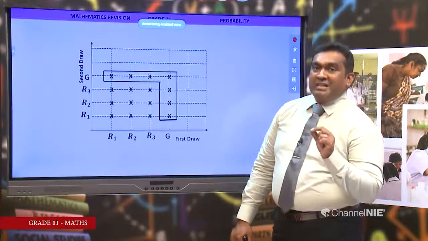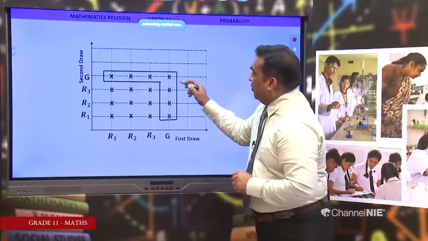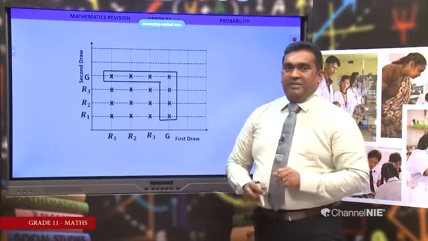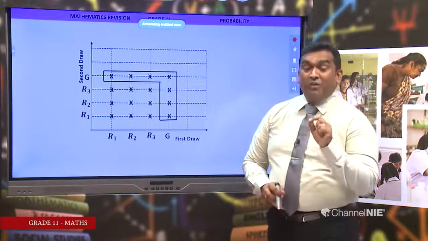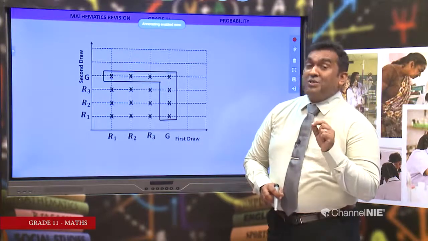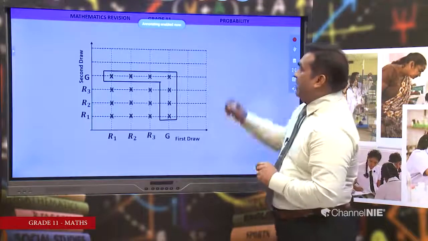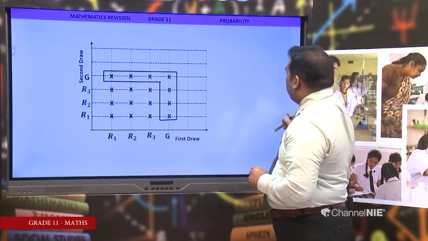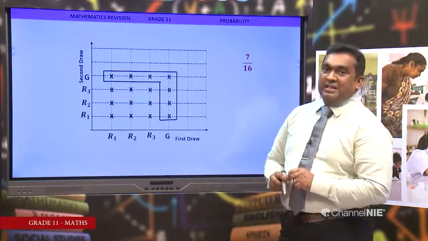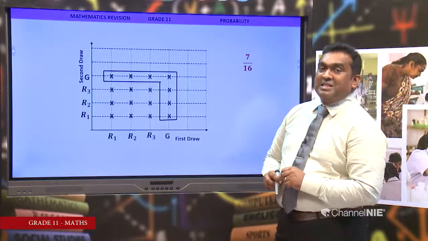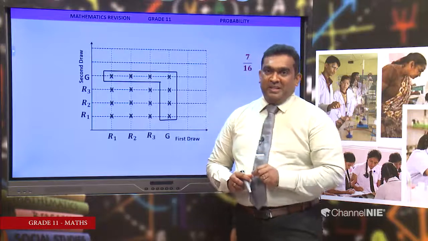How many elements are in the event? 1, 2, 3, 4, 5, 6, 7. The number of elements in the event should be divided by the number of elements of the sample space. That is the probability of this event. 7/16 is the corresponding probability according to the given question.